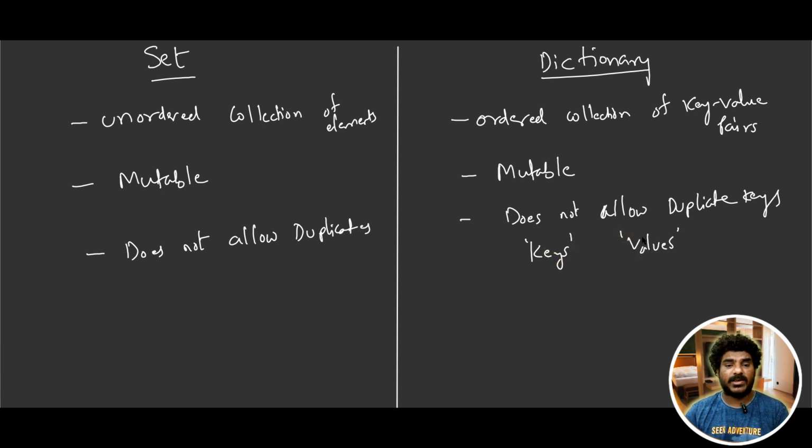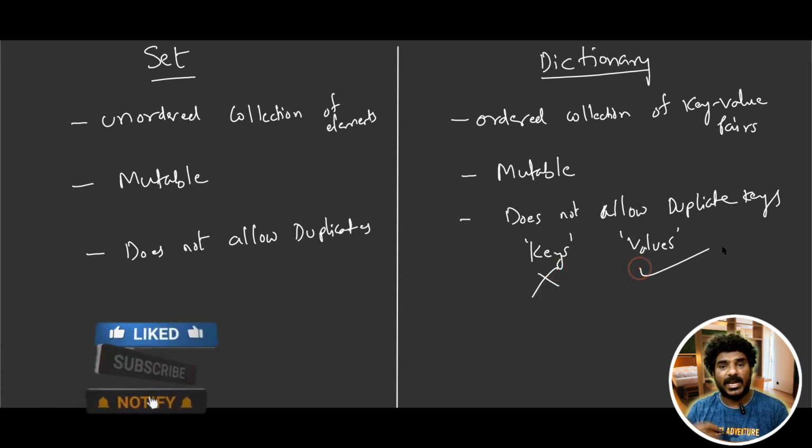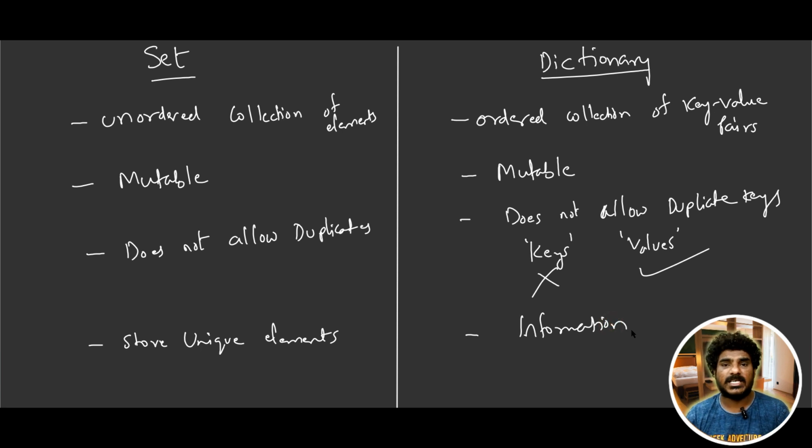So this dictionary will not allow duplicate keys, but you can have duplicate values. We'll understand this in the code. Sets are basically used to store unique elements, so that's the reason it is not allowing duplicates. And in dictionary, if you want to store some kind of information, you can make use of the dictionary.